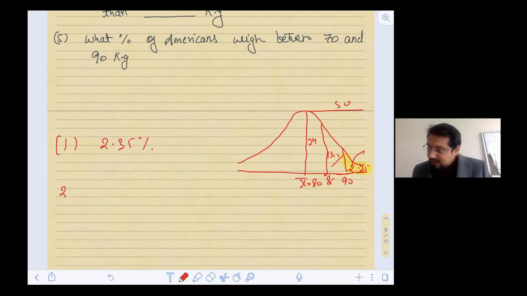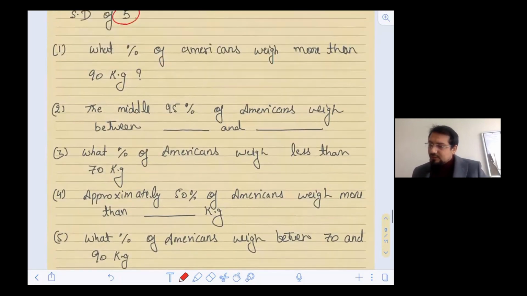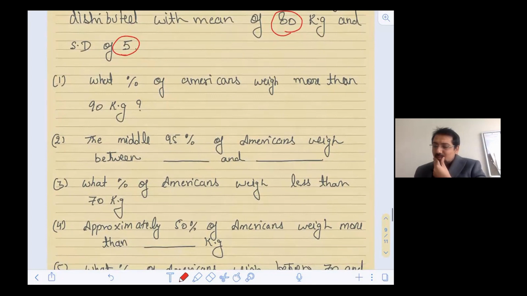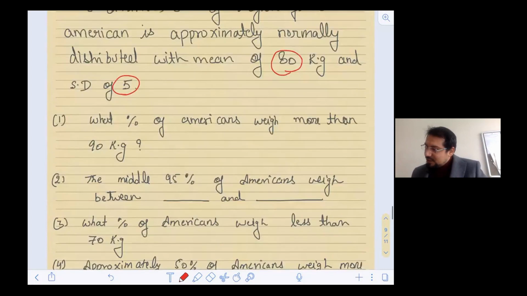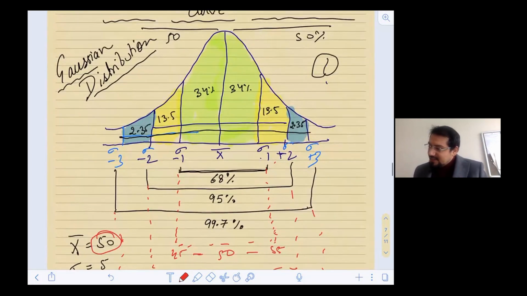Okay, let's see the second question. The second question is, the middle 95% of Americans weigh between dash and dash. So 95%, as we can see from this chart, means between standard deviation minus 2 and plus 2, which is 95%.